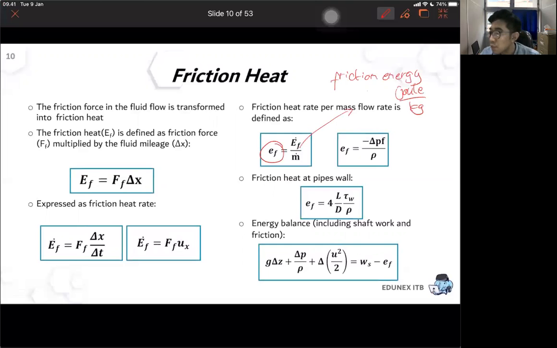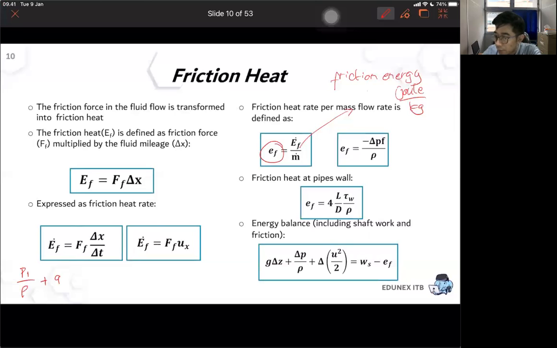So if we are using small EF, the specific friction energy, when we put it into the Bernoulli equation, we need to use the unit for the other parameters as energy over mass as well. So for the pressure, it will be this one.